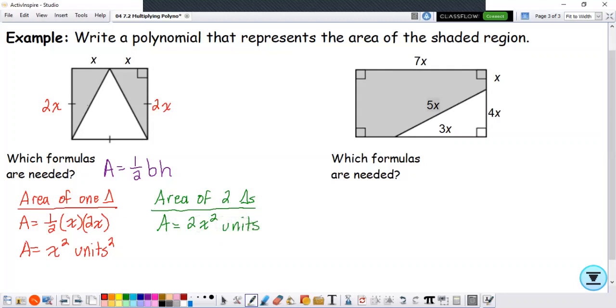So we found that the area of one triangle is x squared. And since they have the same dimensions, the area of this other triangle is also x squared. And when you add the two together, you get 2x squared units squared.